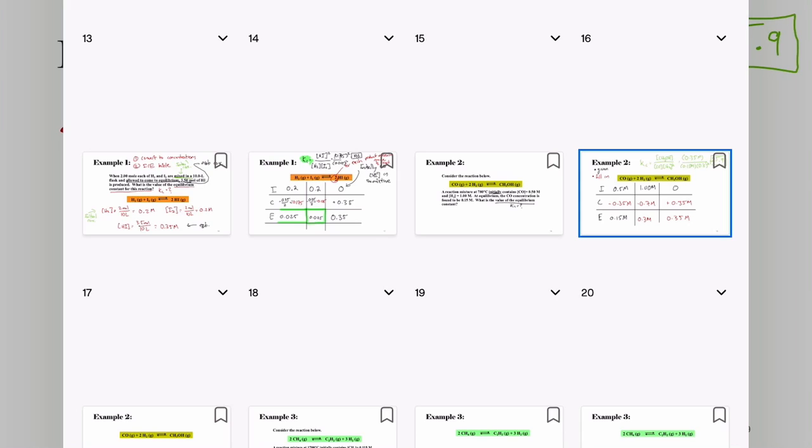So if I lost 0.35 moles of carbon monoxide, because these have a 1-to-1 ratio, I made 0.35 moles of product. If I lost 0.35 moles of carbon monoxide, that means I lost 2 times that for H2, because I need 2 of these for every 1 of these that react.